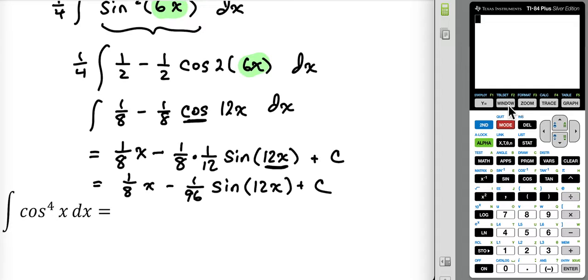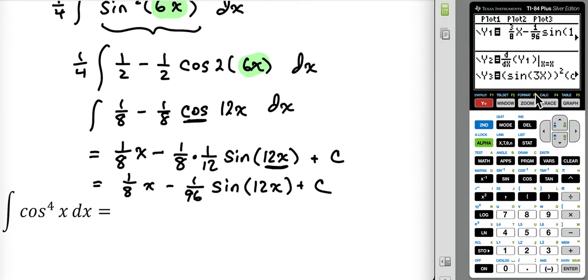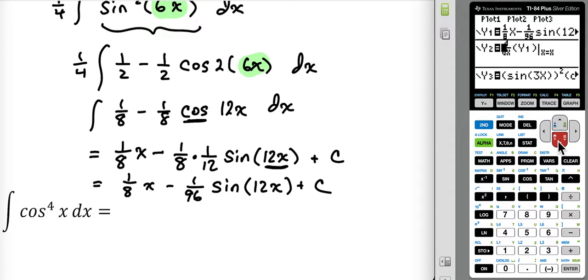All right, so I'm going to do a quick double check. I have this from a different problem: 1 over 8x minus 1 over 96. Different but similar, obviously, otherwise I wouldn't have so many changes. This is probably going to have to be changed. Anyway, let me explain what I'm doing here.